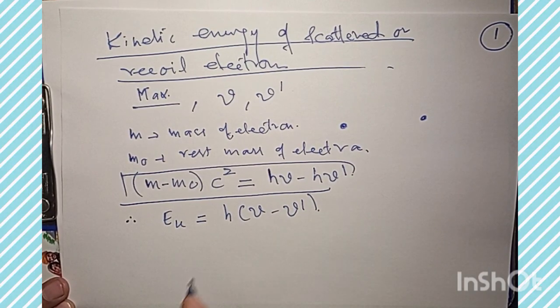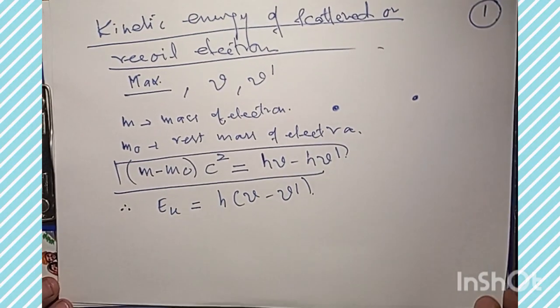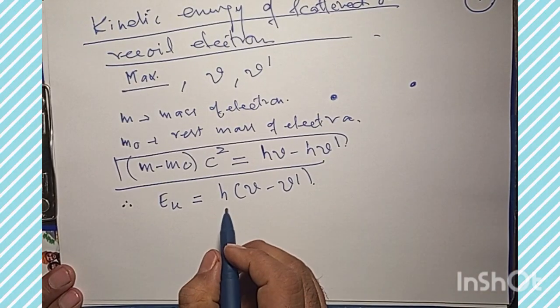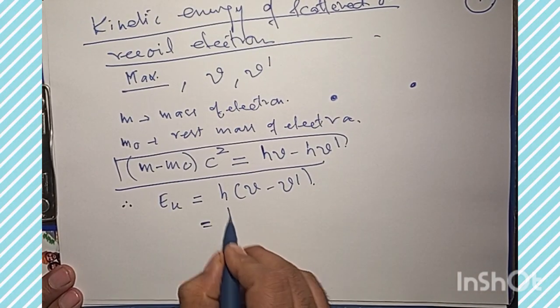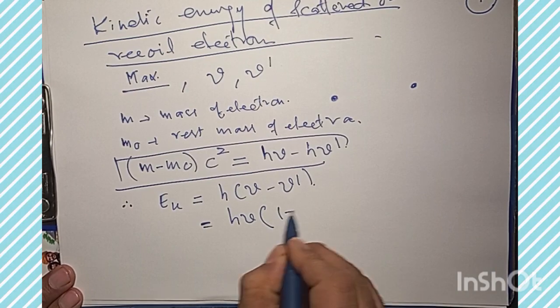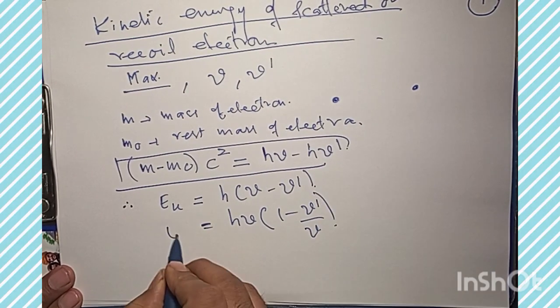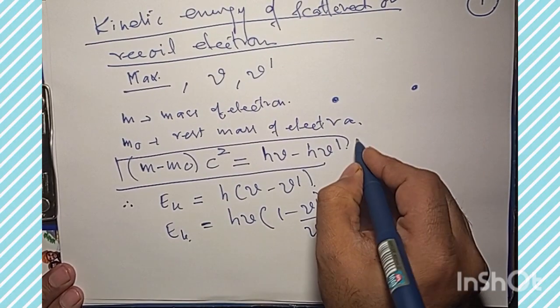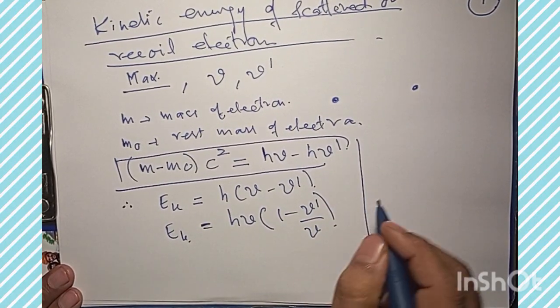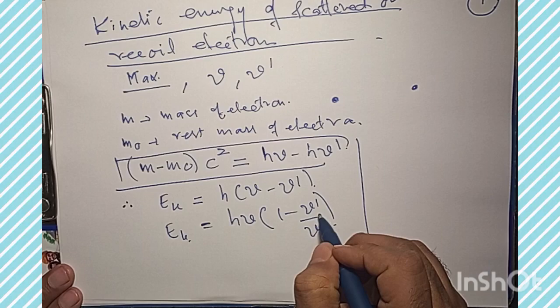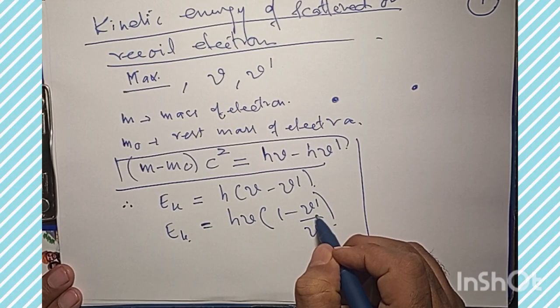Now, if I move on from here, I can think of writing h nu outside, 1 minus nu dash by nu. This is Ek, right? And I would like to convert this equation in terms of wavelength.